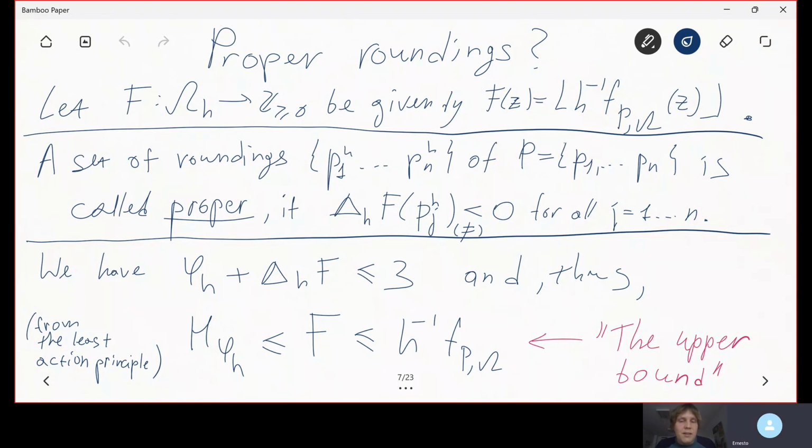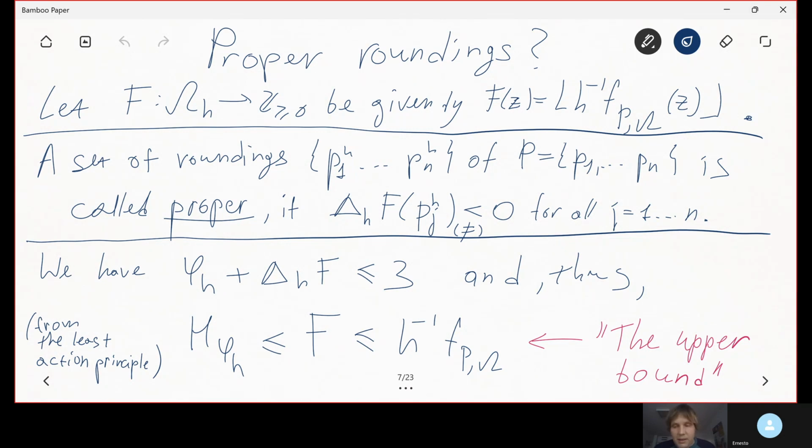But I have a little question here. These roundings are what we need, but it's easy to ascertain that they exist, I suppose. Yes, that's one thing I forgot to mention. You prove that they exist.